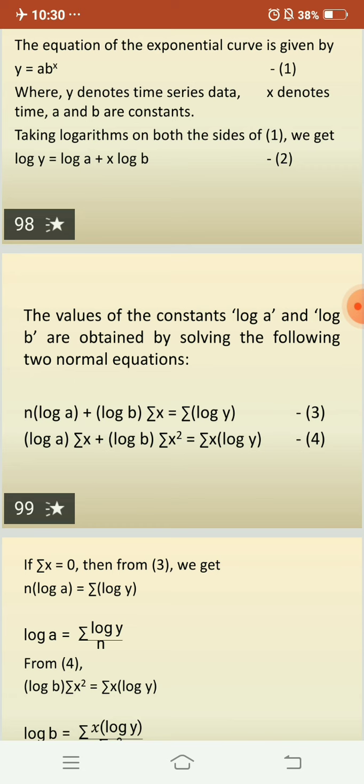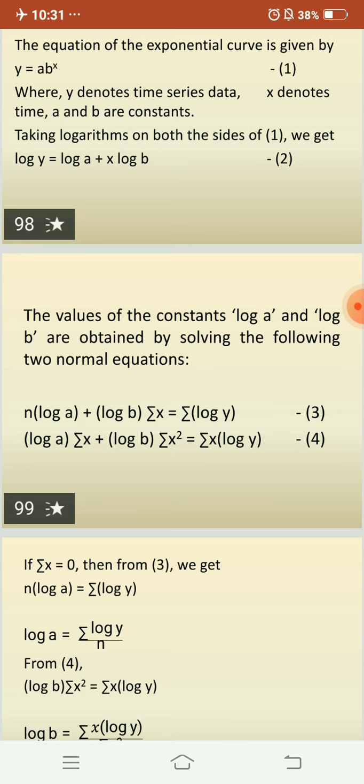If you are multiplying any constant in the summation, it automatically changes to small n. If you are multiplying variables like log y and x, they stay as they are. So you get n log a plus log b into summation x equals summation of log y, which is equation number 3.